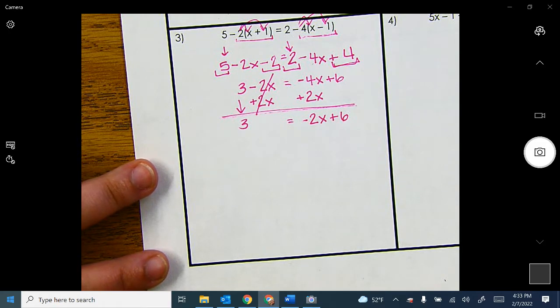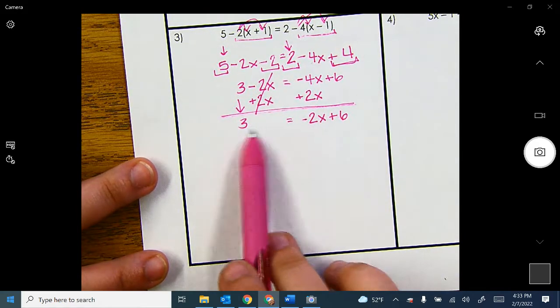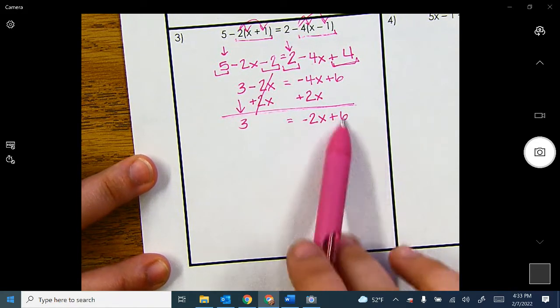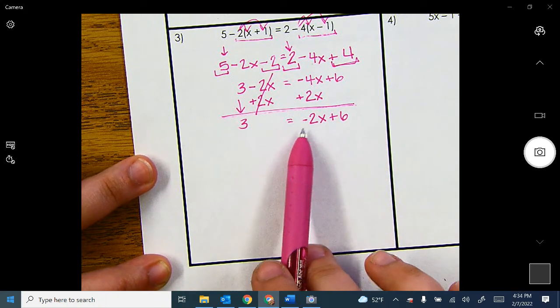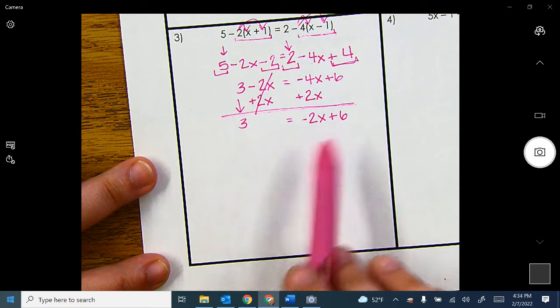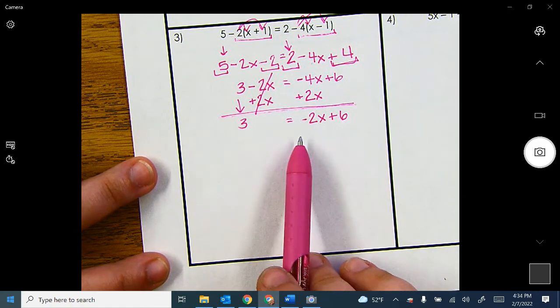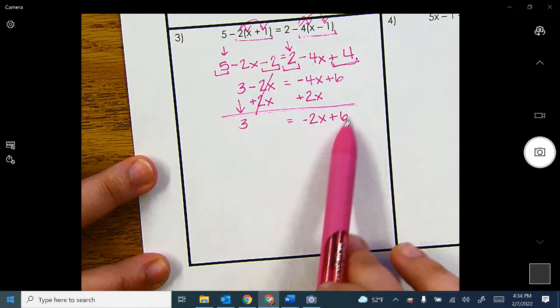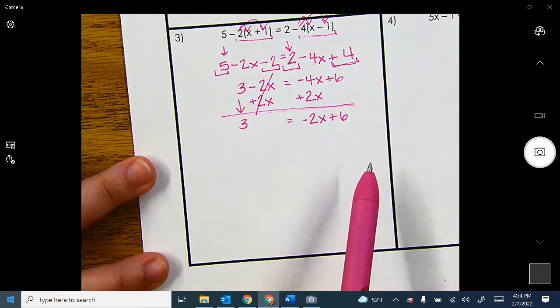Now you guys could be thinking that we have 3 ones on both sides that we could take away. But if I do that, I'm still going to have more ones left over here, right? I would still have negative 2x plus 3 if I took away my 3 ones from both sides. And remember, my goal is to have all the x's on one side and the terms without variables on the other side.